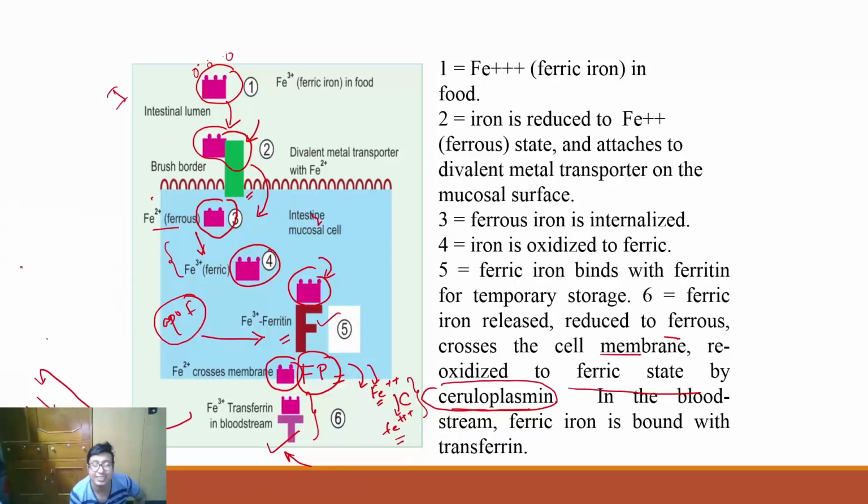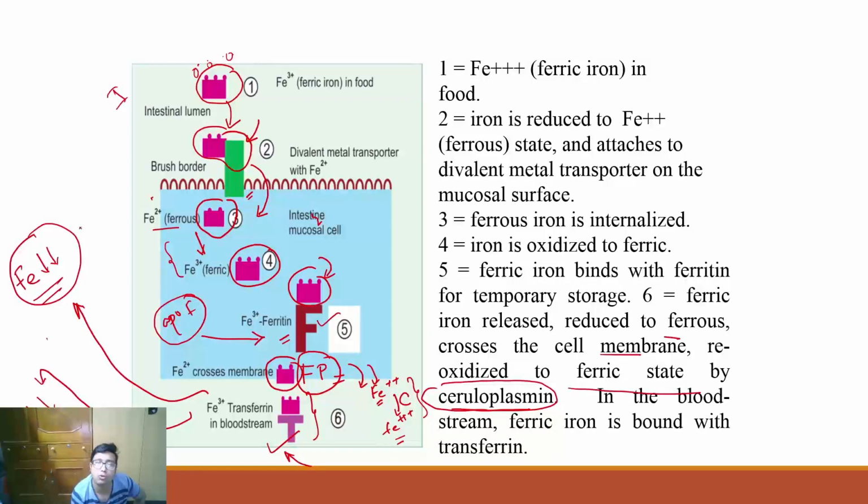I think this is not visible due to my big head. So if body iron is low, this will trigger transferrin so that it takes up iron from the ferritin stores and delivers it to the iron in blood, for example in case of anemia.